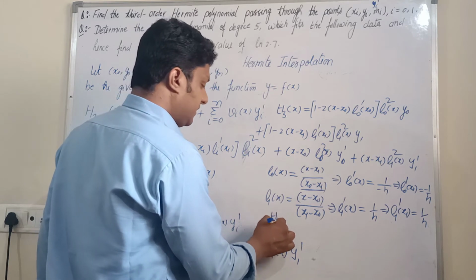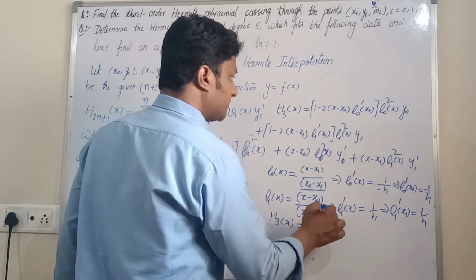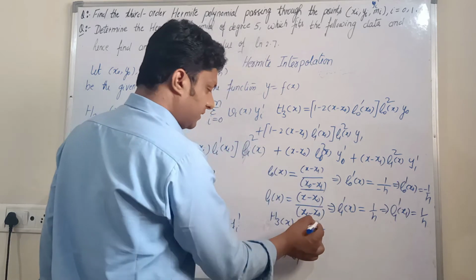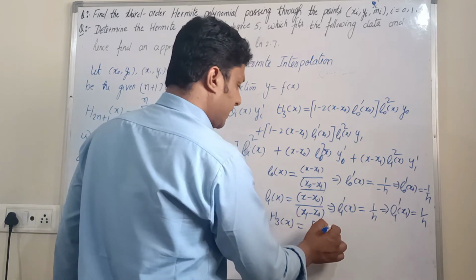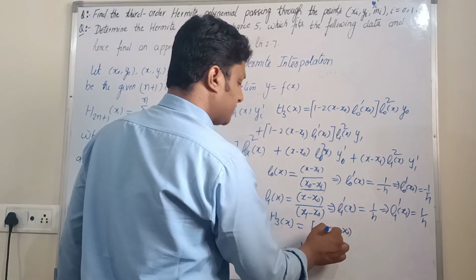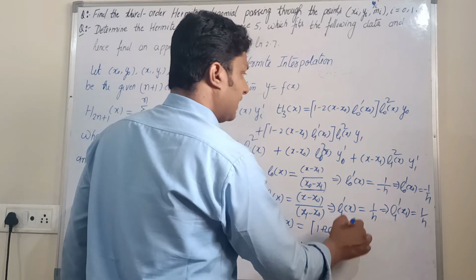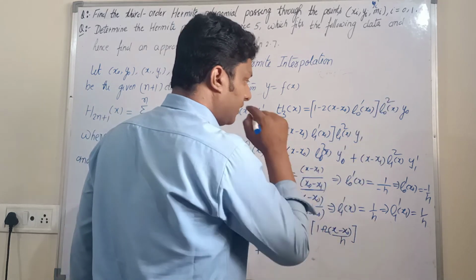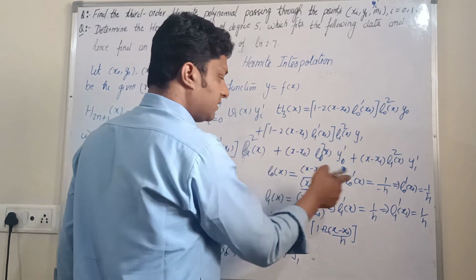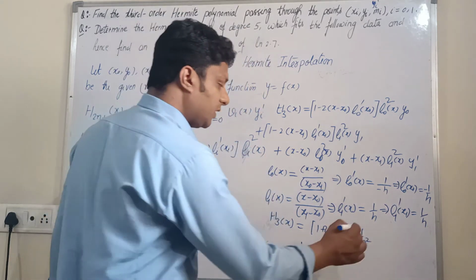That is, H_3(x) will be 1 minus 2 times, if you put here l0'(x0) equals minus 1 by h and minus minus is plus, (x minus x0) times 2 divided by h, and l0(x) square. What does it mean? l0(x) is this, and what about this square? It means 1 by h square, y0.